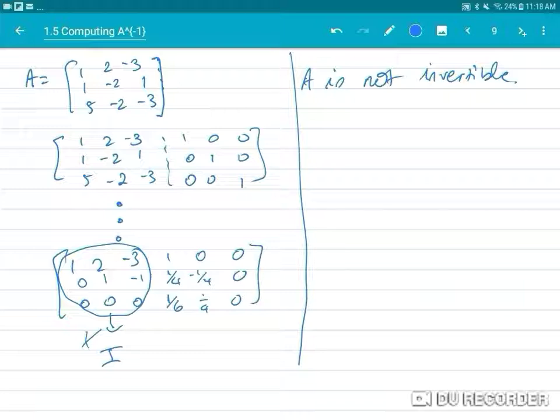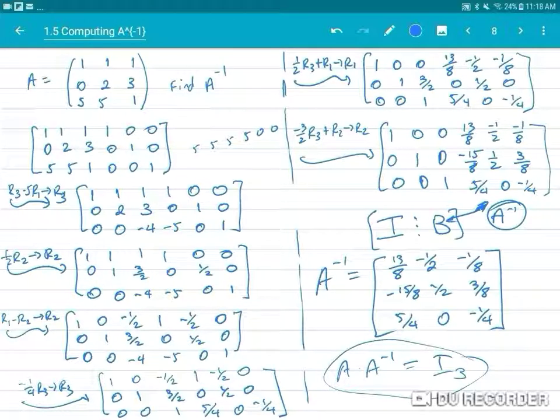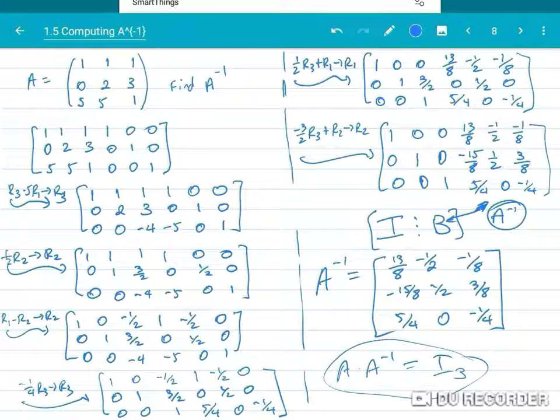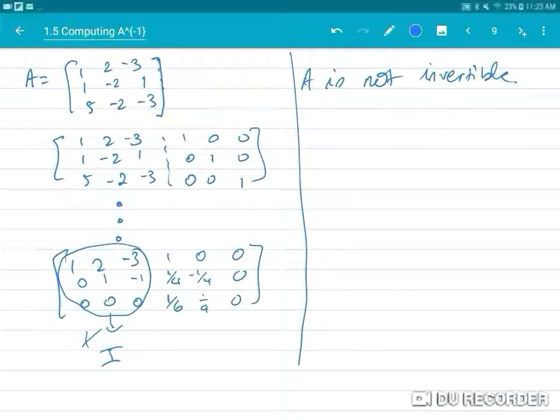Another thing that I want to say is, in the previous example I did, I purposely chose a matrix that has fractions in it. So when we have fractions, all we have to do is be a little more careful, and then we'll be able to do the inverse properly. Really not that different.